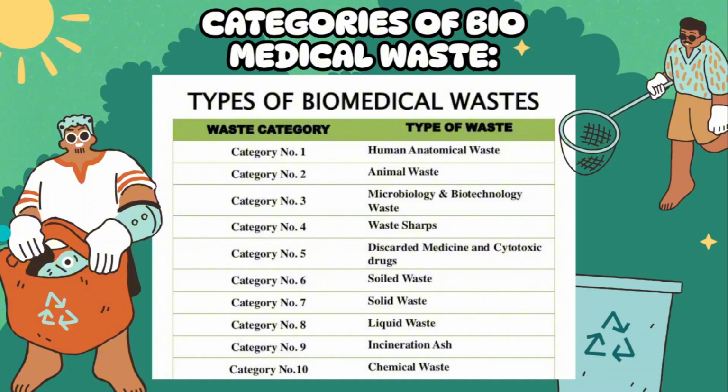So let's move on to categories of biomedical waste. So types of biomedical waste, waste category natin. Category number 1, anatomical waste. Category number 2, animal waste. Number 3, microbiology and biotechnology waste. 4, waste sharps. 5, discarded medicine and cytotoxic drugs. 6, soil waste. 7, solid waste. 8, liquid waste. 9, incineration ash.